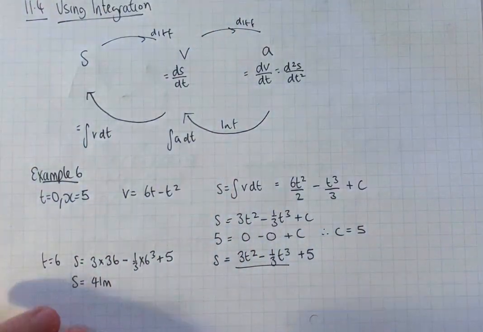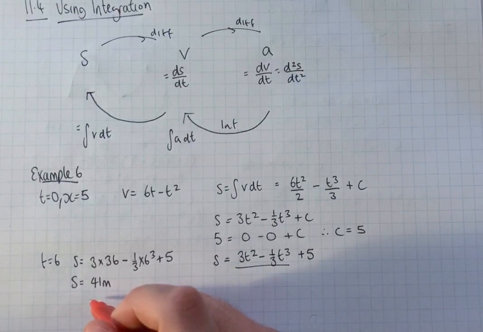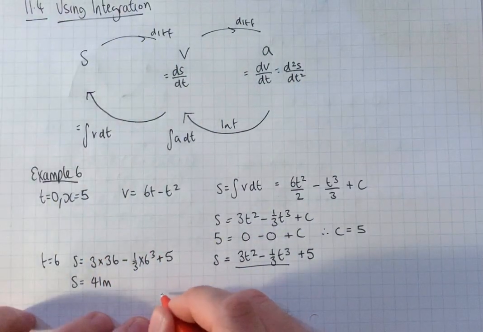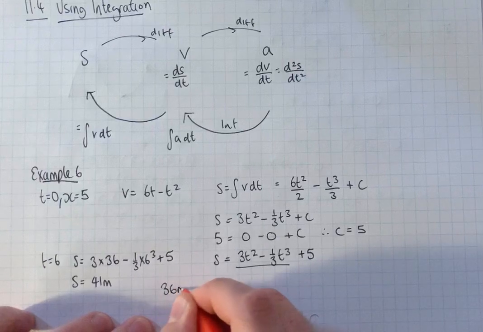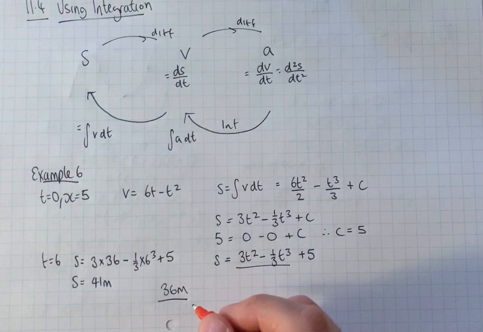But remember, that's the displacement from the origin, but when t equals 0, it was already 5 metres away. So if we take that 5 metres off, it's going to be 36 metres from the starting point.